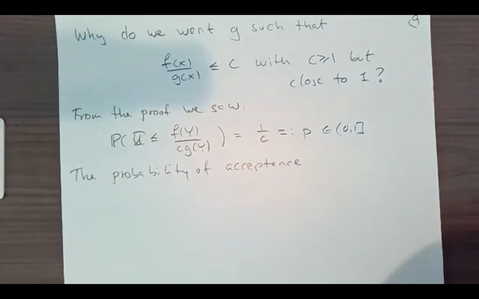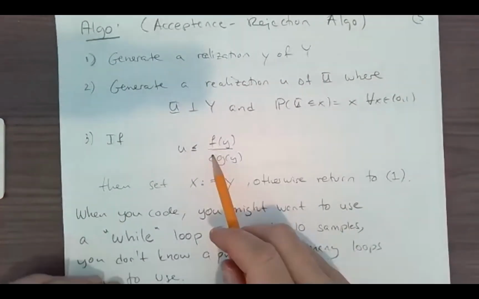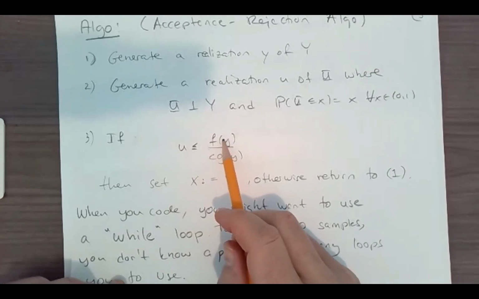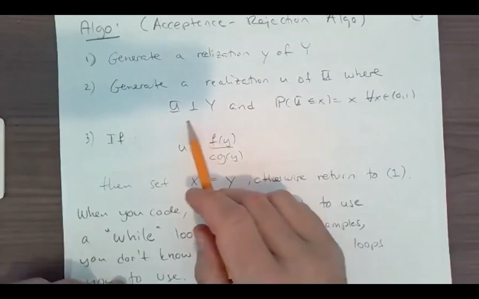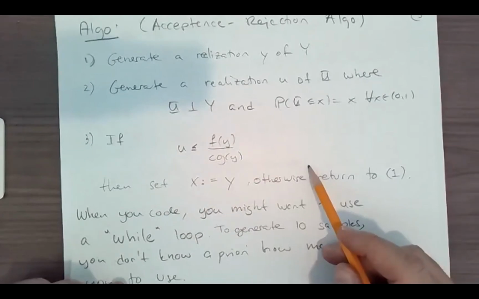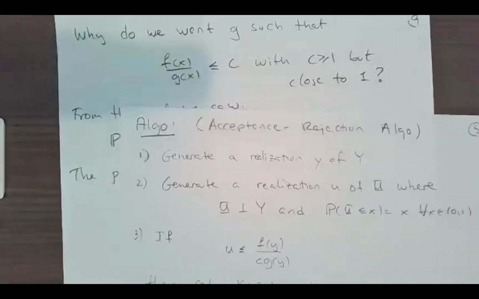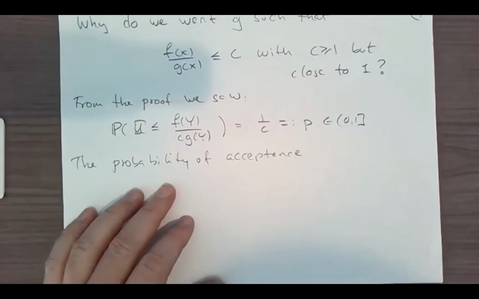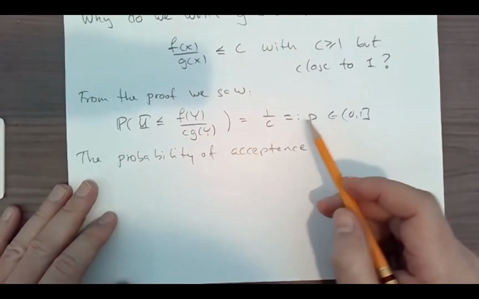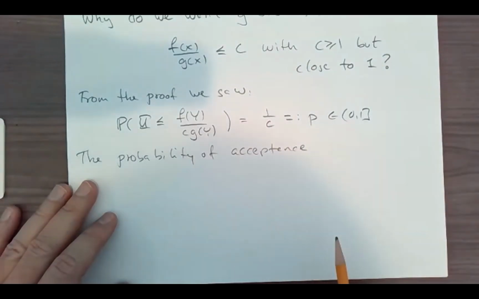That was in the algorithm: that's when you terminate the while loop, when the uniform you get out is less than that ratio. So if you want a high probability of acceptance, you would want your c to be close to 1.